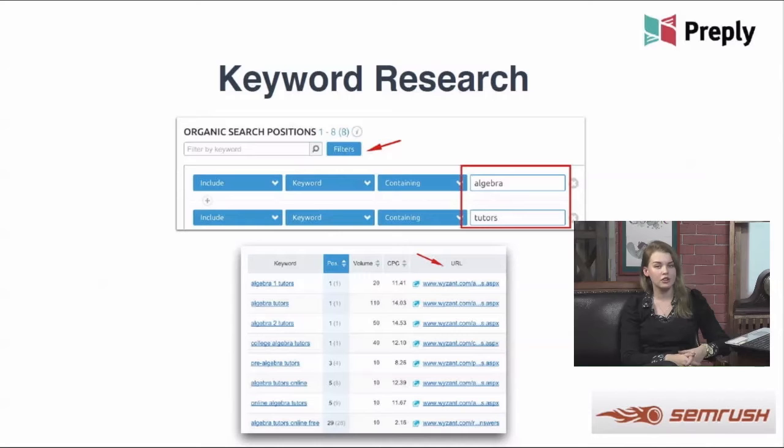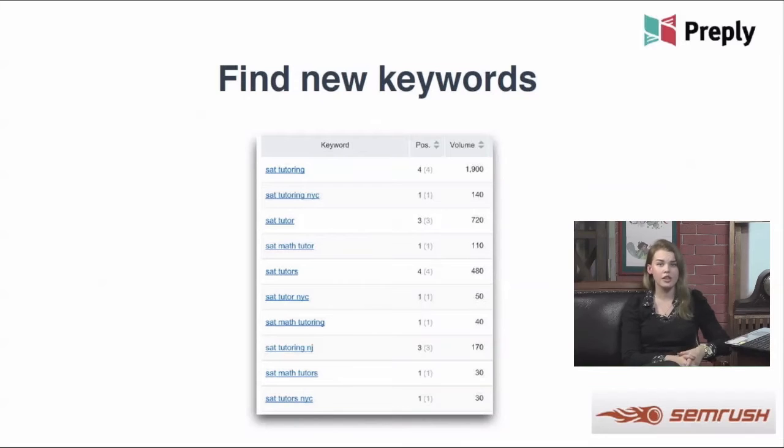All this information is really useful because at the same time you can analyze the content of the ranked page. The other thing you can do during this analysis is to find a new group of keywords that your competitors rank for in search engines and that you might have missed when you made your keyword list using other tools.